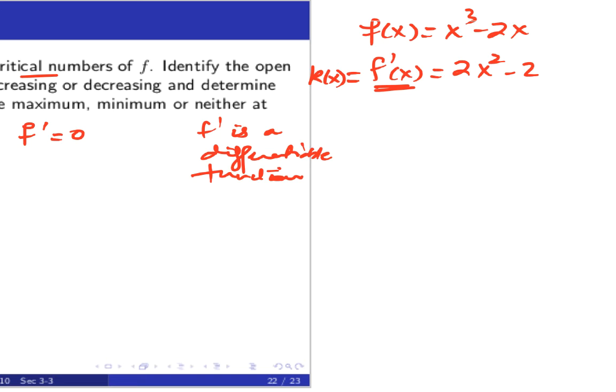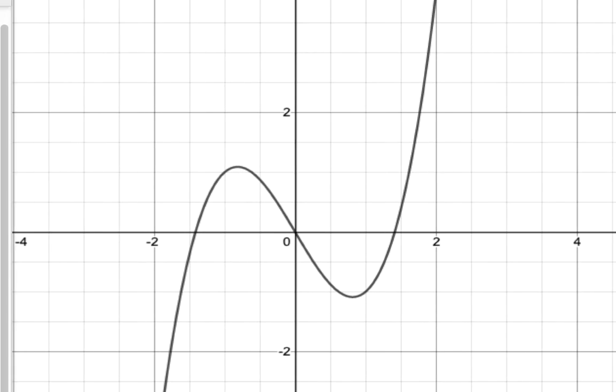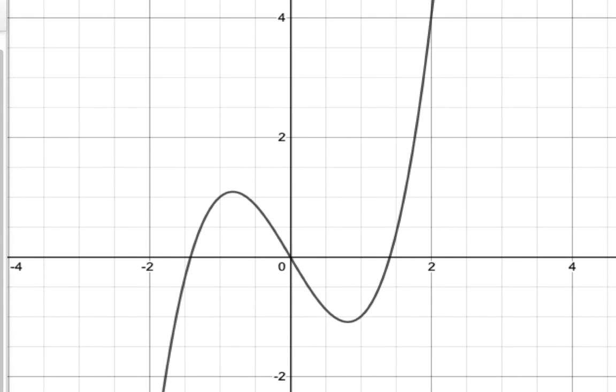So let's use our Desmos to do the work for us, okay? Let me just show it to you. Give me a minute, guys. Okay, here's the function, x cubed minus 2x.